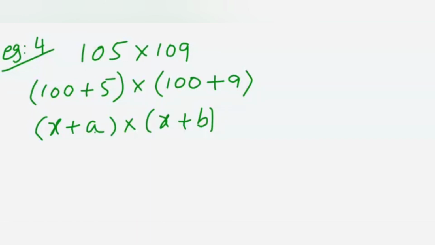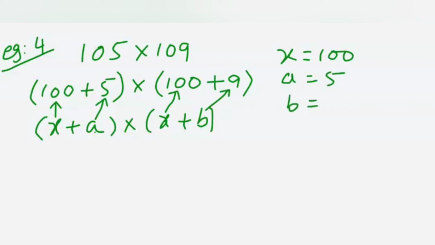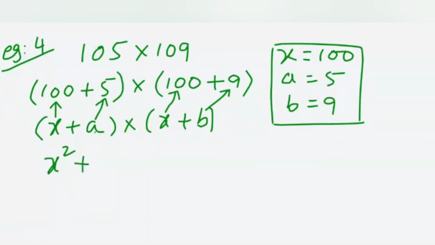In the place of x you have 100, x is 100 in both. And a is 5, b is 9. So these numbers you have to substitute in the formula. (x plus a) into (x plus b) is x square plus (a plus b) into x plus ab.